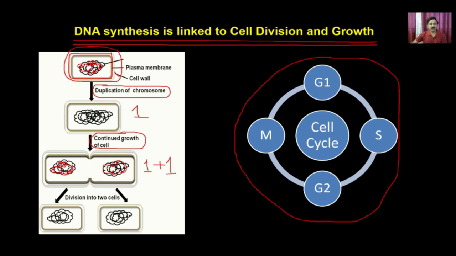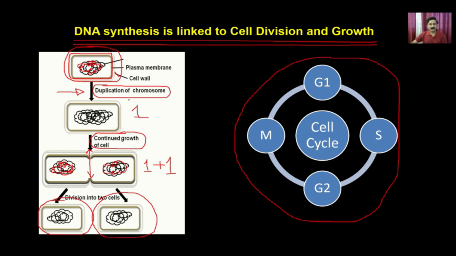Afterwards, it is going to go through cell division, and that's how the bacteria is going to divide and form two different cells. So at this stage, when the bacteria start dividing, it will first duplicate the chromosome or the genomic DNA.